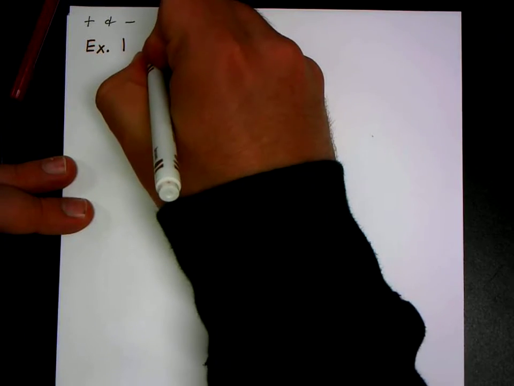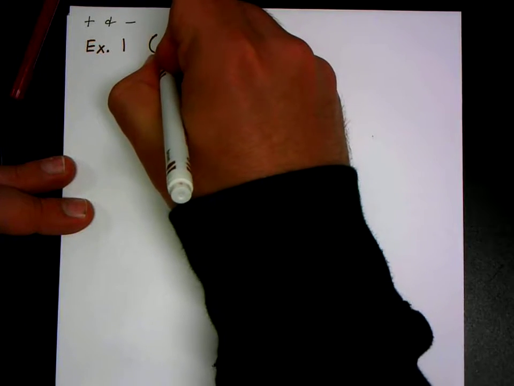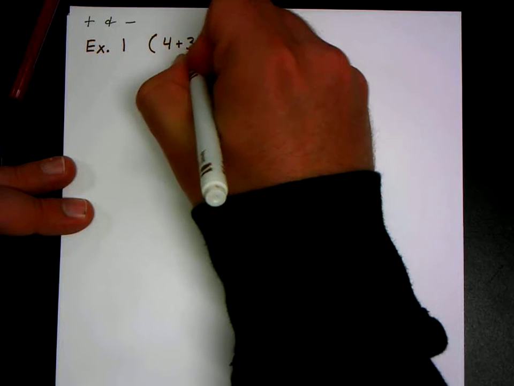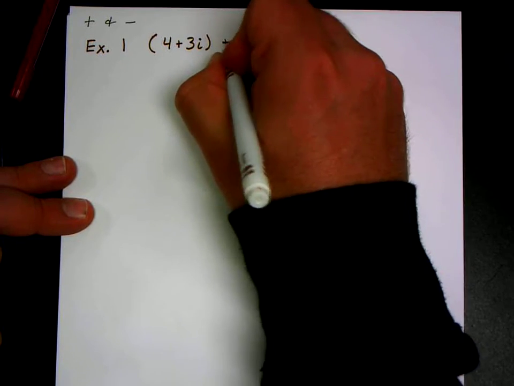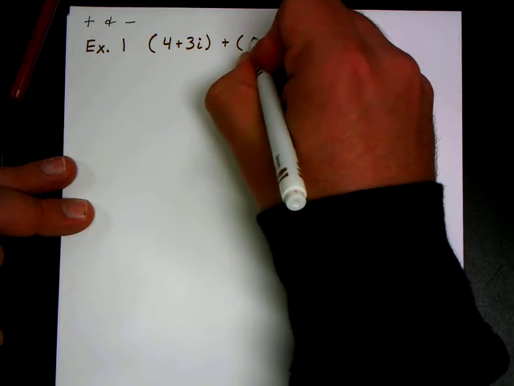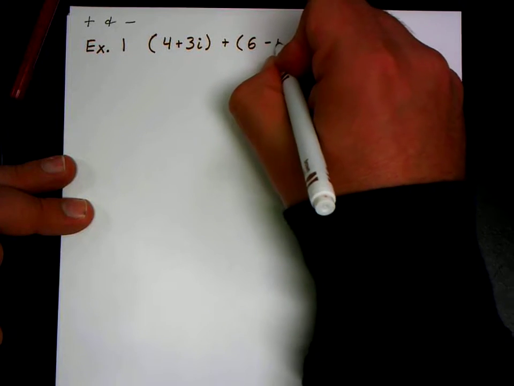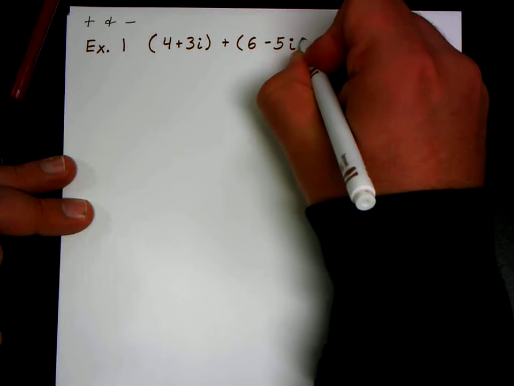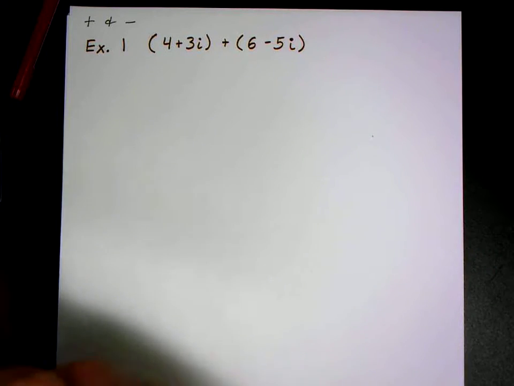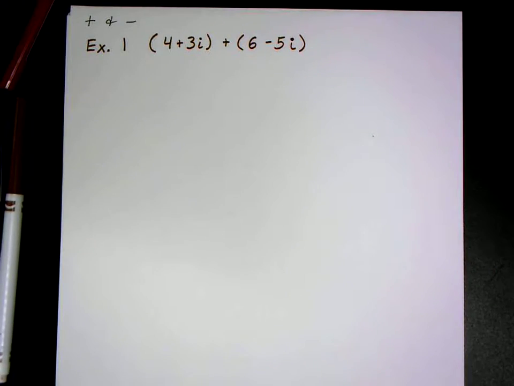So let's take 4 plus 3i, and let's add 6 minus 5i. Pretty much i is just a variable, just like x.